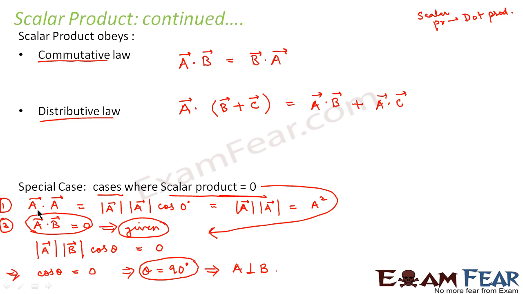If the scalar product of two vectors is 0, the two vectors are perpendicular to each other. The scalar product of a vector with itself is equal to the square of its magnitude. I hope it is clear now. Let us go ahead and solve two small problems on scalar product so that the idea is very clear and we can freely go ahead with work.